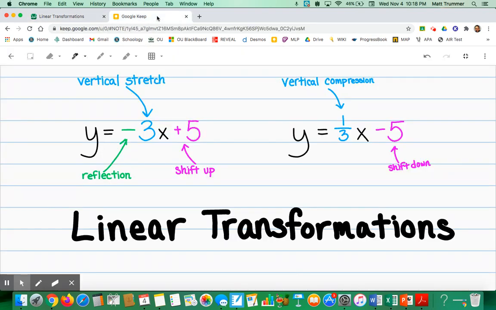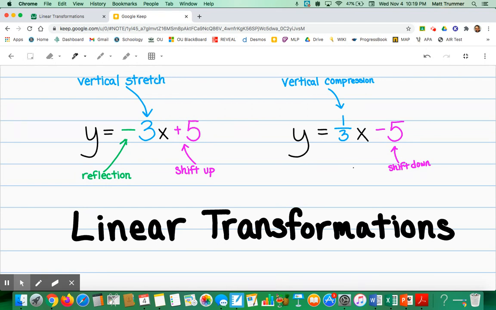So now you're looking at the examples that we just went through and how it looks as an equation or as that formula of y equals mx plus b. So right down here, that negative tells us it's a reflection. When that 3 is there, that number that's greater than 1, vertical stretch. When we have a plus 5, well, we shift it up, of course.